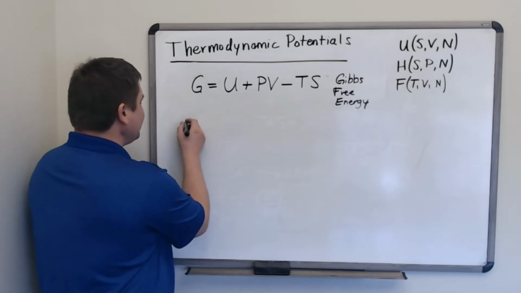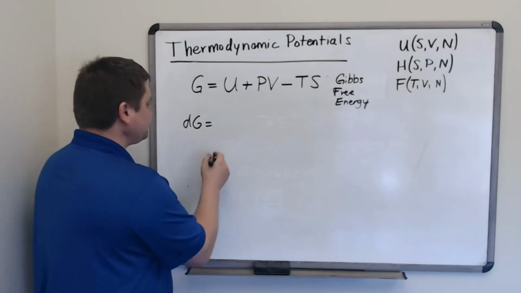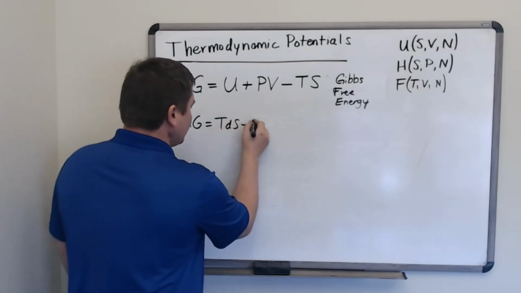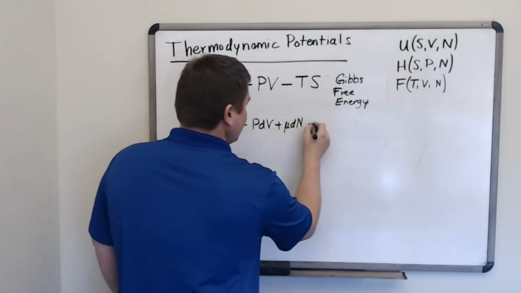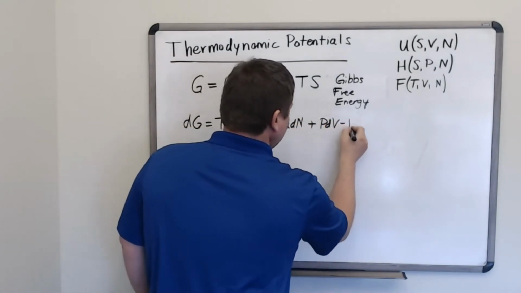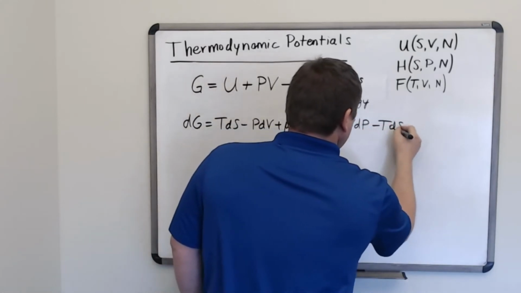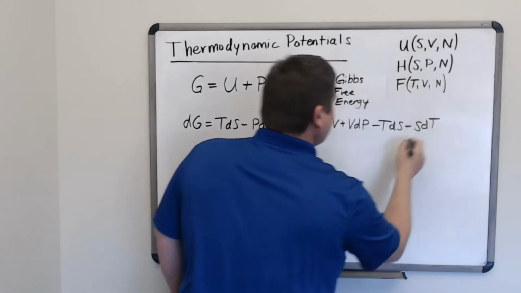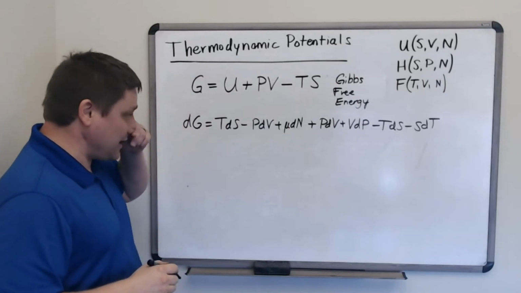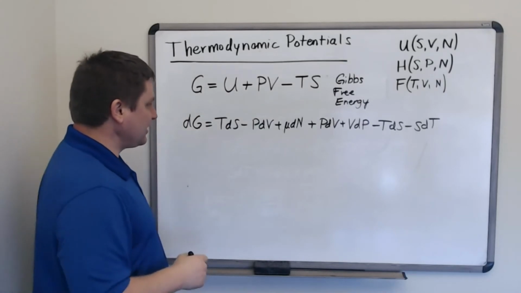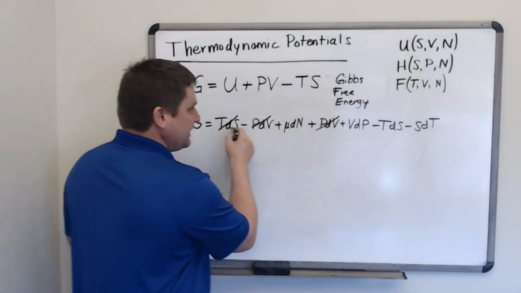Let's calculate the differential explicitly of the Gibbs free energy. Since we've subtracted and added two things here, there's a number of additional terms, but we still get cancellations. The PdV cancels, and the TdS cancels.